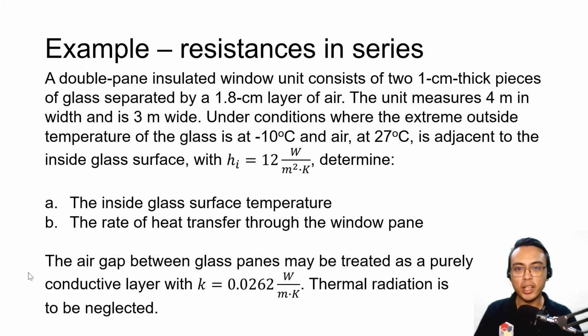A double pane insulated window unit consists of two 1 cm thick pieces of glass separated by a 1.8 cm layer of air. The unit measures 4 meters in width and is 3 meters wide.